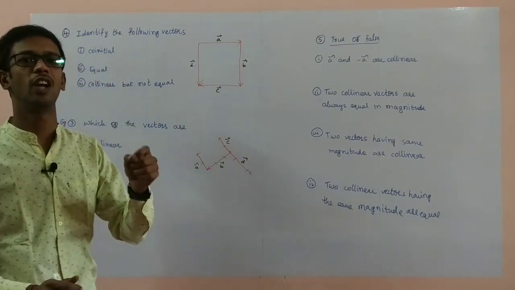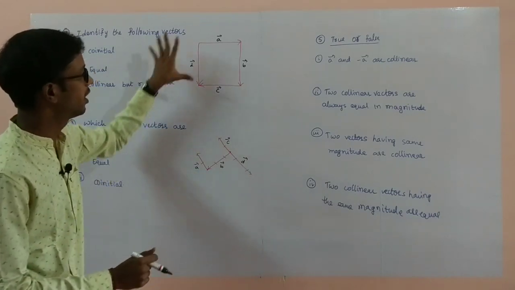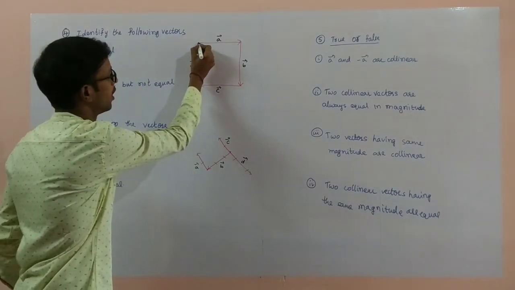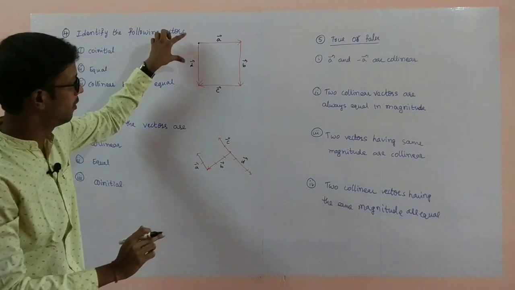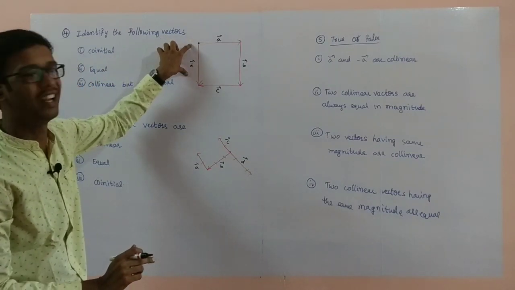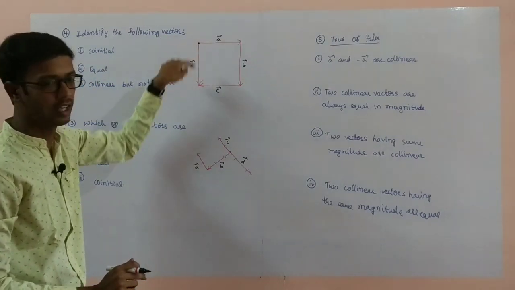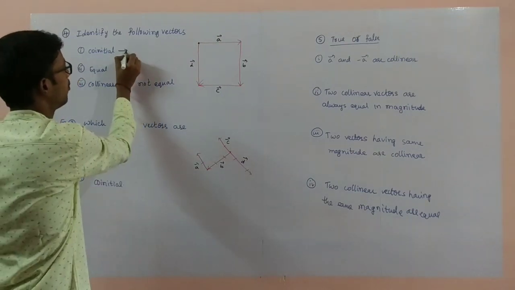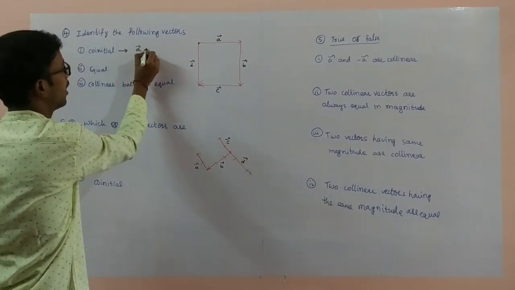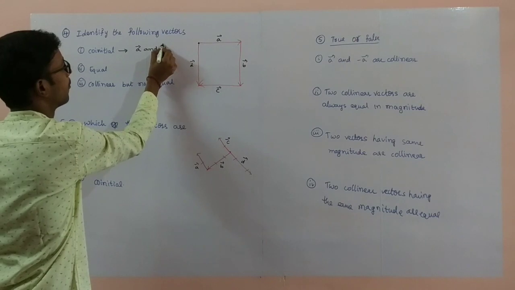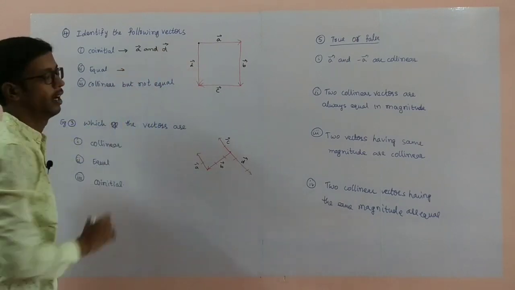Now you see co-initial. Co-initial means initial point should be same. Where is it same? Here you observe A bar vector and D bar vector. Same initial point. So co-initial vectors are A bar and D bar.